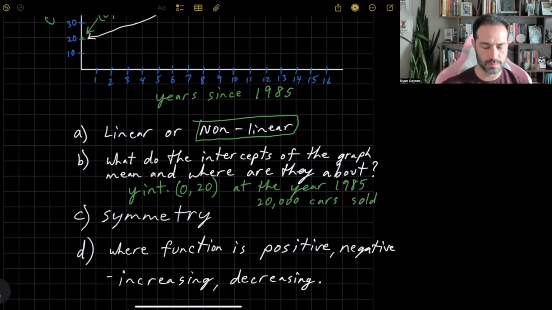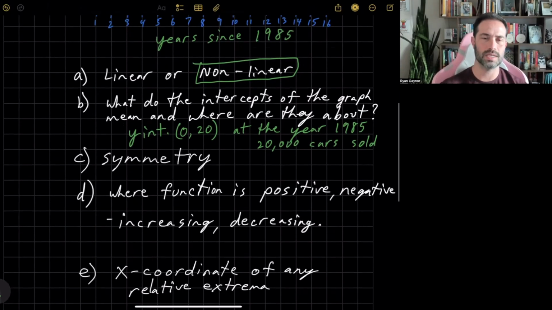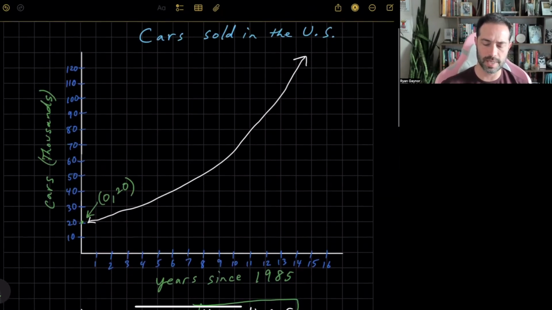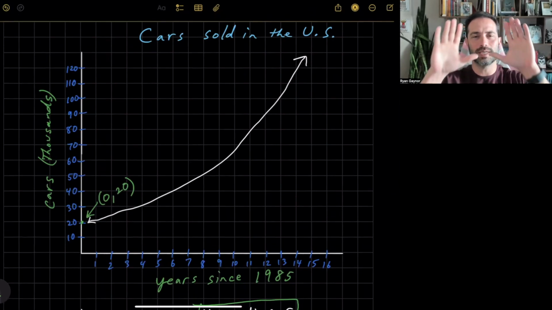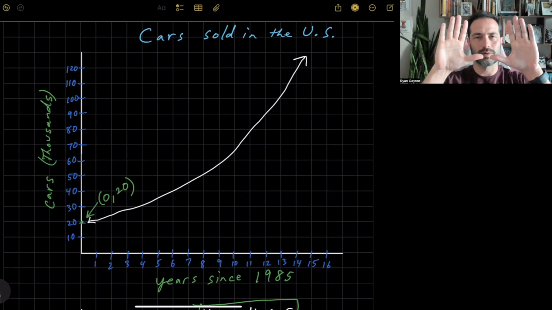All right, the next part says symmetry. So it means, is there any symmetry in the graph? Okay, so when we look back at the graph, symmetry or symmetrical, right? What does that mean? Look at my hands. You see how they're symmetrical, right? It's like looking in a mirror, right?